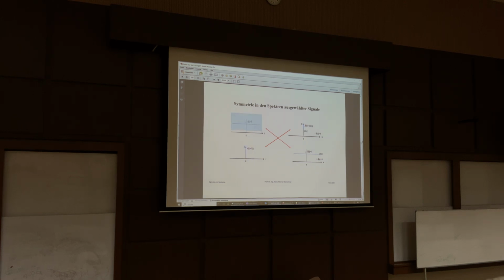The constant value gives me a pulse in the spectrum, and the pulse in the time gives me a constant spectrum. This pulse is theoretical again. It has infinite amplitude and a duration which goes to 0. So the integral over this one.